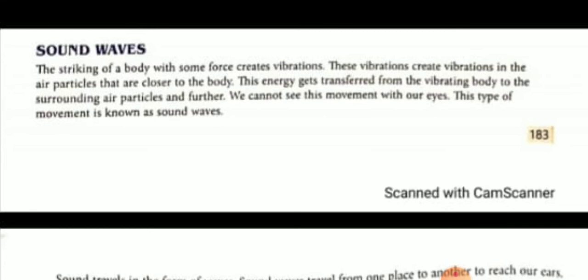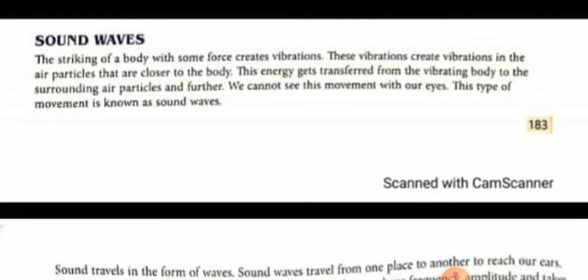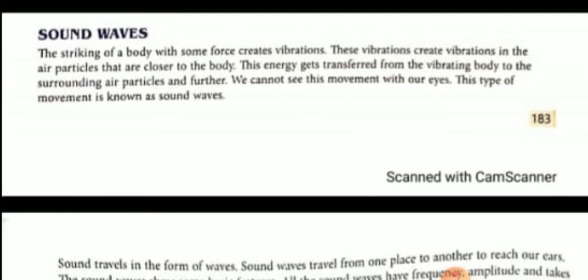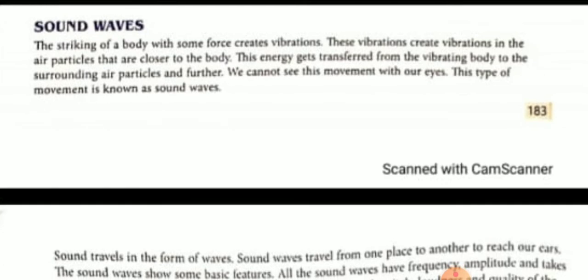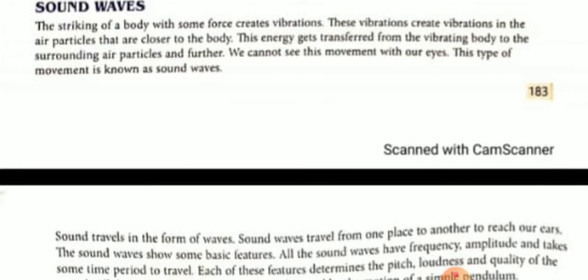That means the vibration passes on from one molecule to another, and in this way the energy gets transferred from the vibrating body to the surrounding air particles and further. This movement cannot be seen with our eyes, and this type of movement is known as sound waves.